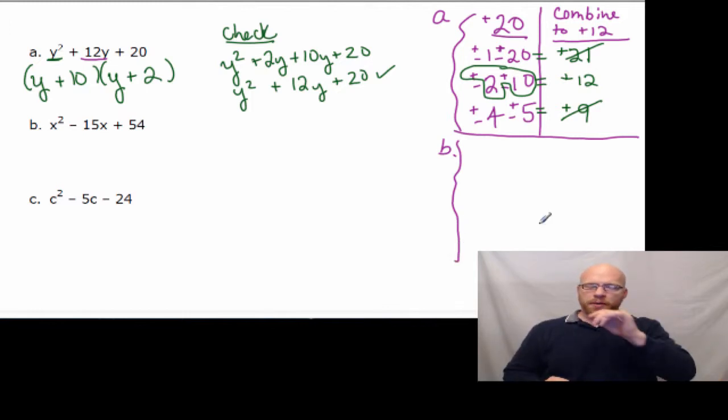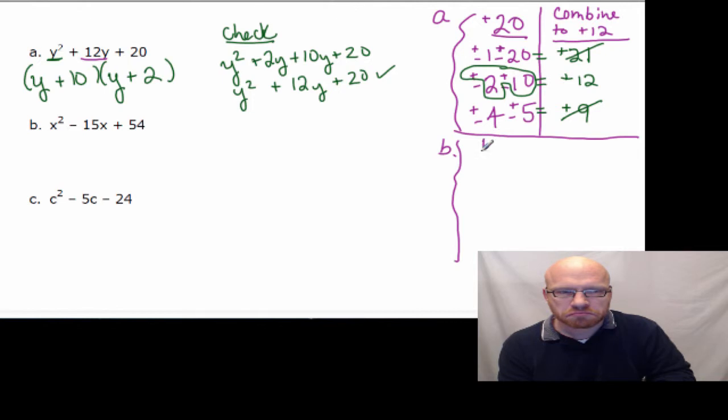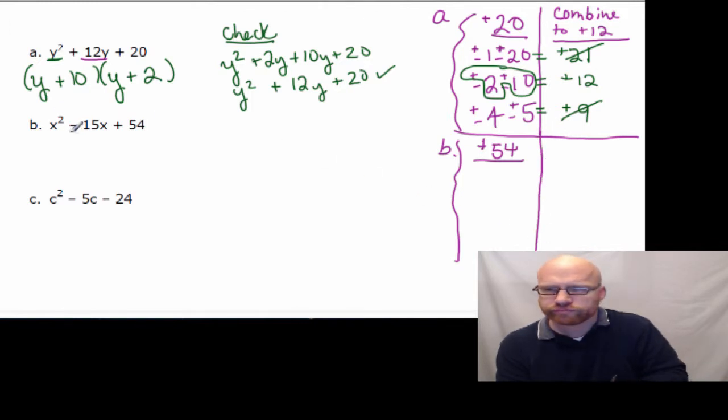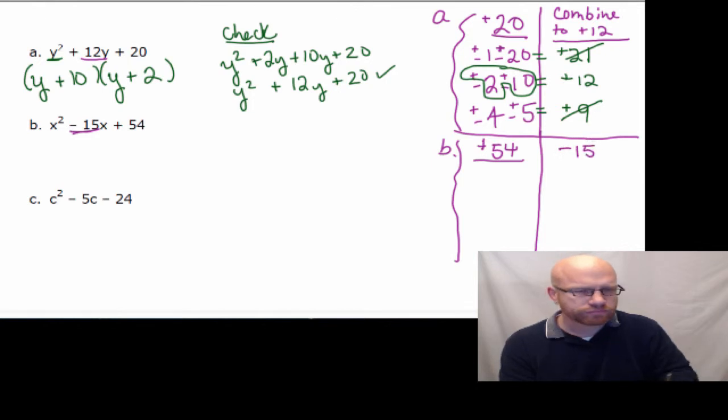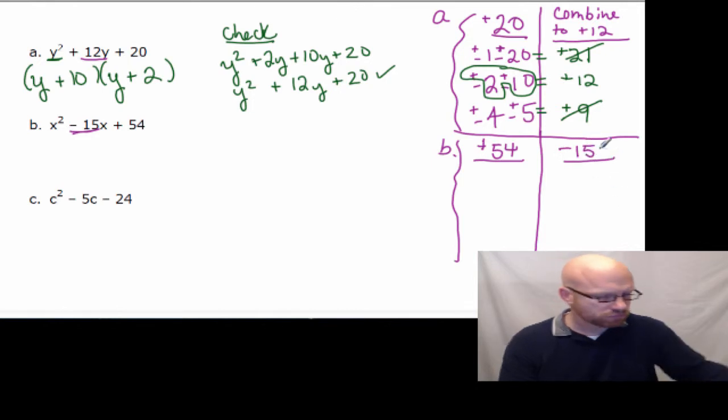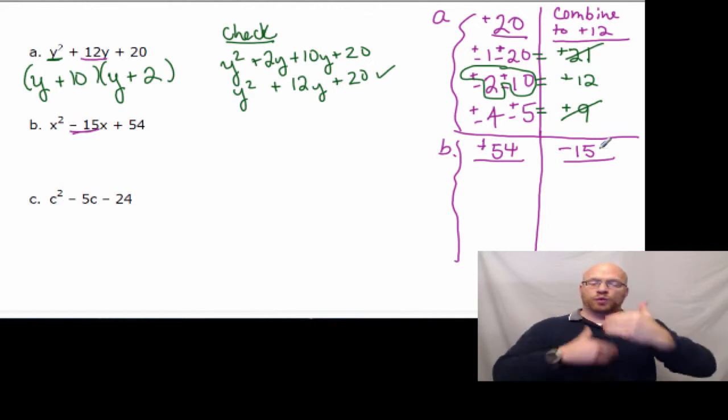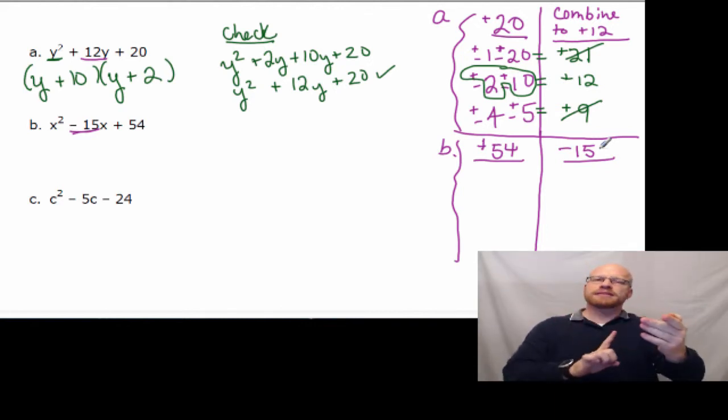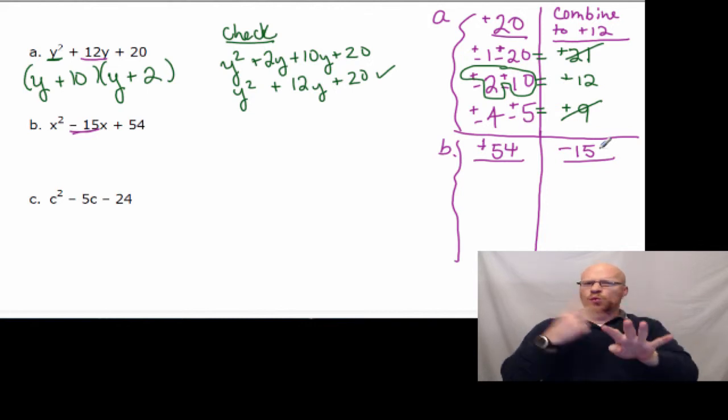Now we have B. Positive 54. And as we proceed, I'm going to show different things, like how I think, to develop our gut instincts.